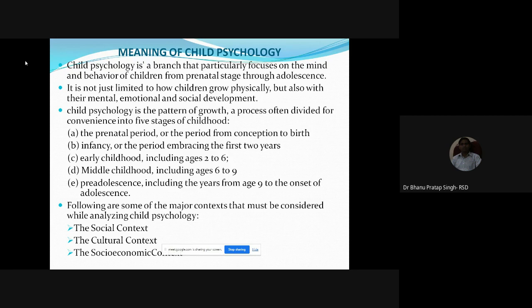And by knowing this fact, teachers should change their methodology of teaching, by one-to-one interaction, as per the demand of the child and as per the situations. It is up to the teacher what kind of methodology, what kind of techniques he is using, by knowing all three contexts: social context, cultural context, and socio-economic context.